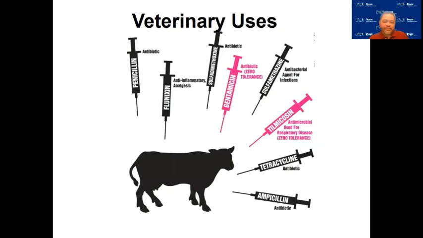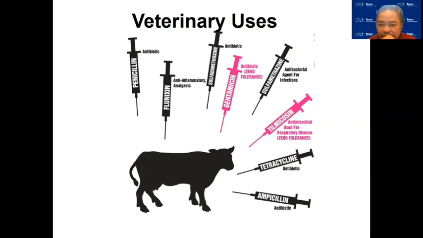Now, for instance, just to give you an idea of how cattle here in the US are administered different types of antibiotics: penicillin is used, or flunixin, used as an anti-inflammatory and analgesic. Antibiotics like sulfadimethoxine, a sulfonamide, are also given.